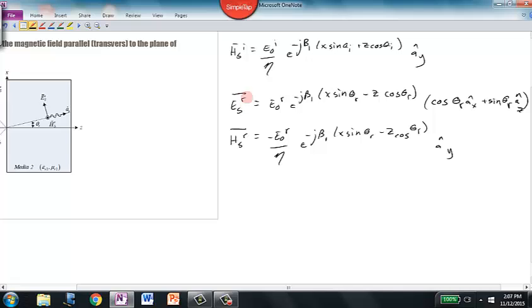Now we have to write our equations for the transmitted portion. Transmitted electric field is E0T e to the minus j beta 2 times x sine theta t plus z cosine theta t.